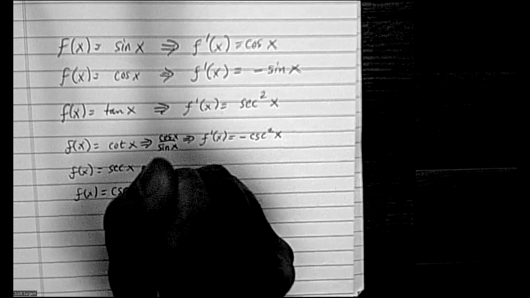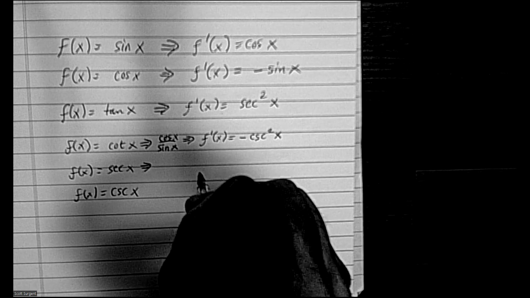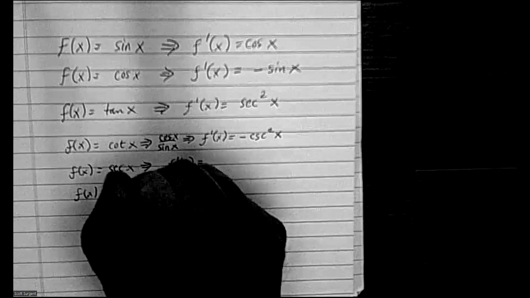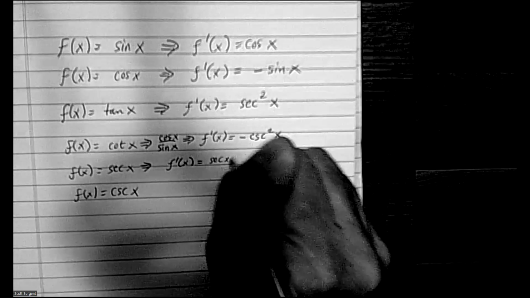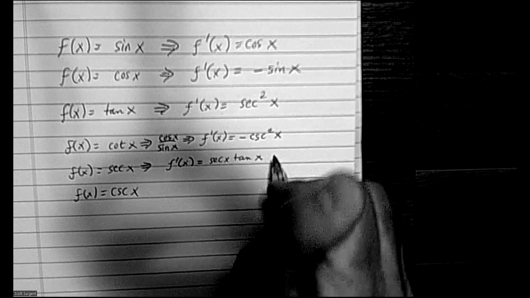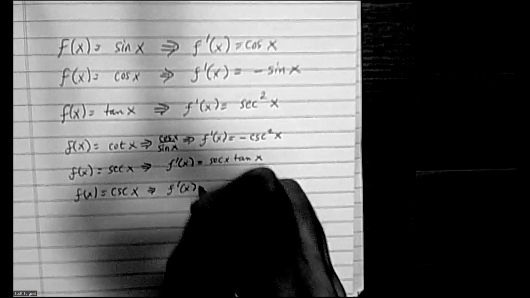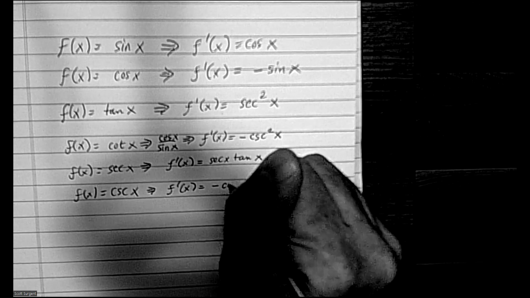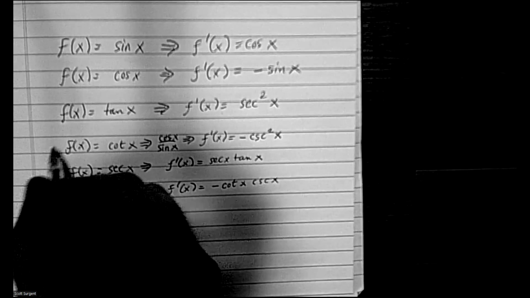For secant, the derivative would be secant tangent. I would write that as 1 over cosine and then work out the quotient rule. And the last one, cosecant, and this is from memory, I hope I'm getting these right, should be negative cotangent x cosecant x. But again, these are the big three.